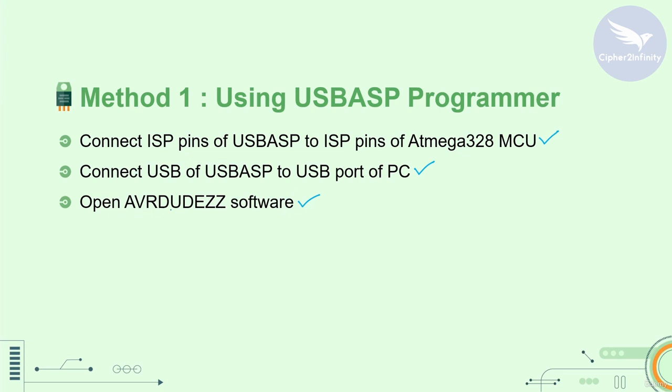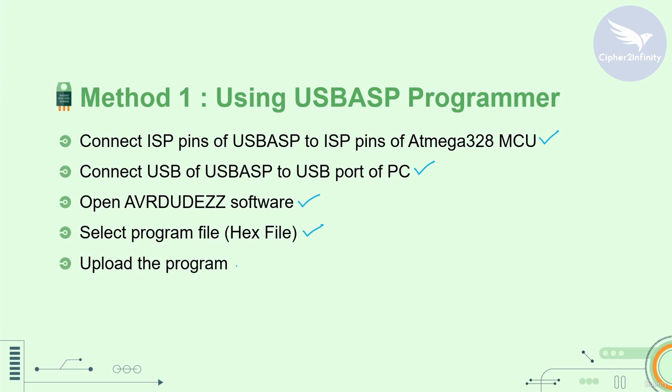Once the software is opened, we need to select the hex file or binary file, whichever file you are using to program the code. Once that is done, you have to click on the program button in order to upload the code in the microcontroller. That's the process to upload the code using the USB ASP programmer.